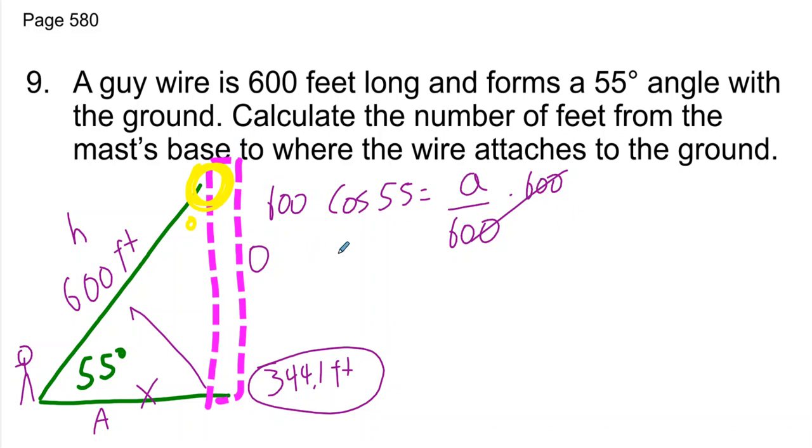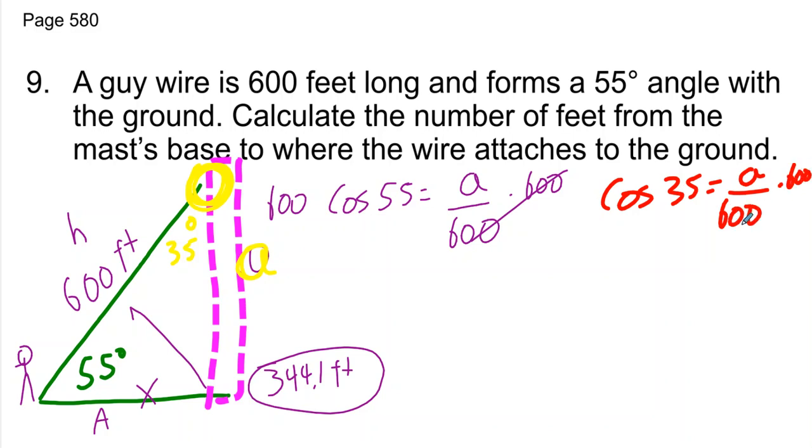Okay, welcome back. So if I'm up here, my adjacent is now this side, the height, and I need to know my unknown angle here. Well, 90 minus 55 is 35 degrees, so I'm going to have the cosine of 35 degrees equaling adjacent, the unknown side A, over 600.